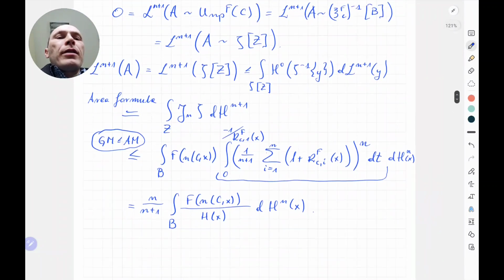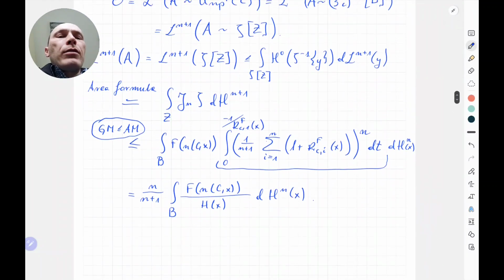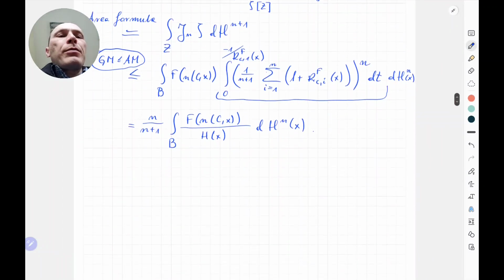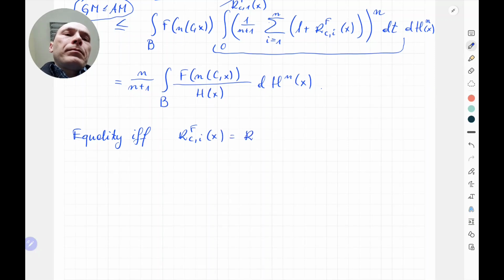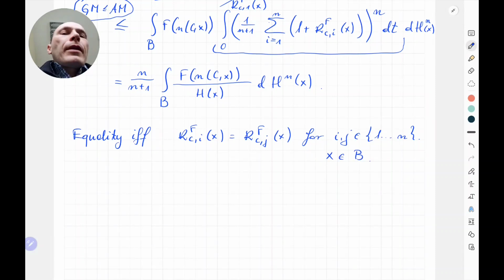But look, when is the equality? If you have equality here, it means that the geometric mean is equal to the arithmetic mean. So equality holds only if this is equal for x in B, or almost all x in B, say H^n almost all x.